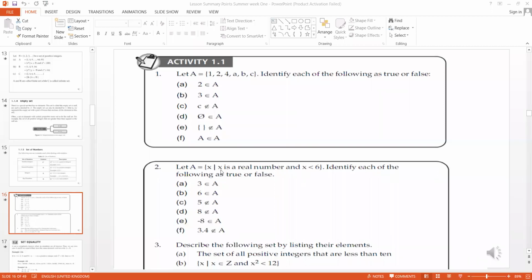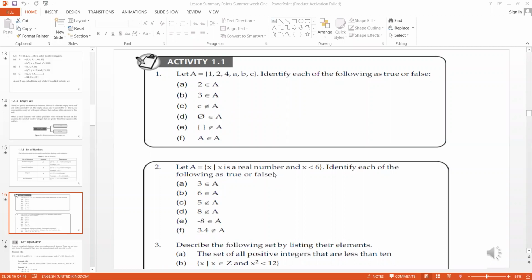Because A is a set of elements X where X are real numbers. So is -8 a real number? No, sir. Oh, Edna, real numbers. So real numbers are supposed to be positive, right?